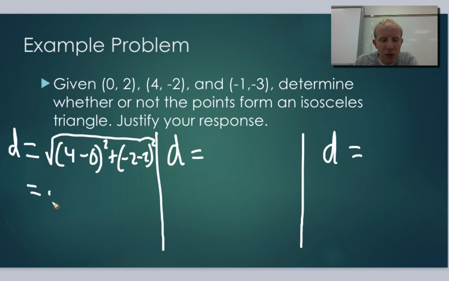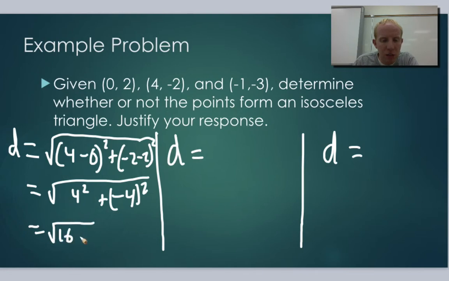Okay, let's simplify this out. That's going to give us the square root of 4 minus 0, which is 4 squared. Negative 2 minus 2 is also going to give us negative 4 squared. That's going to give us the square root of 16 plus 16, which gives us the square root of 32.